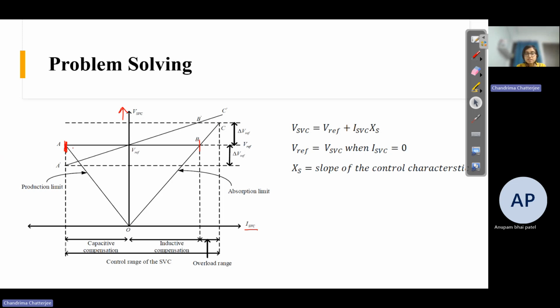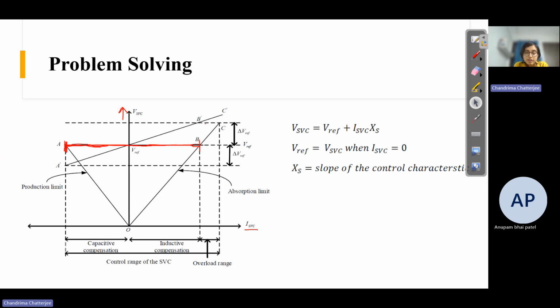Now, if you see, this line is horizontal to the x-axis, so its slope is 0, right? But instead of this zero slope line, if we just give a positive slope to this characteristic like this, so if we tilt this so that now it has a positive slope, right? We will get some advantages.